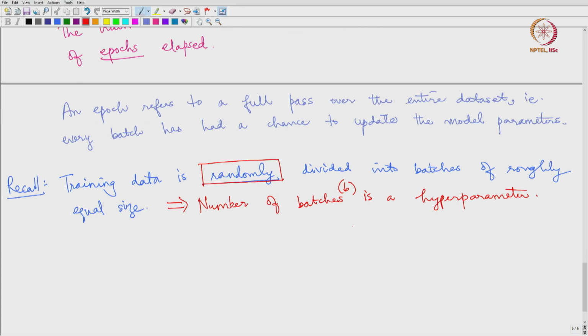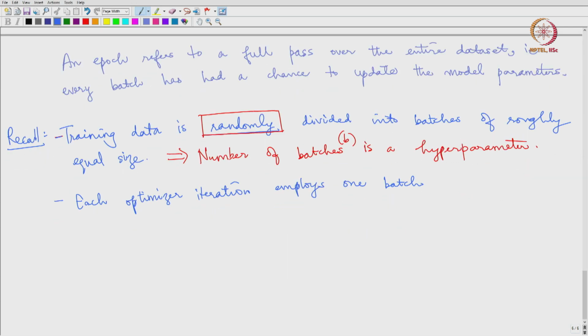Okay. And you also should recall that each iteration of the optimizer employs one batch, right. So, the gradients and the loss function values are computed from one batch.